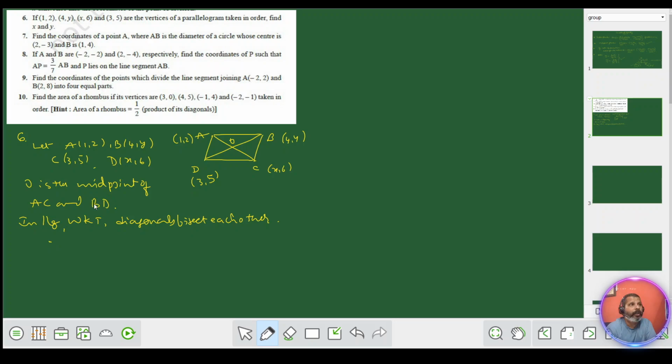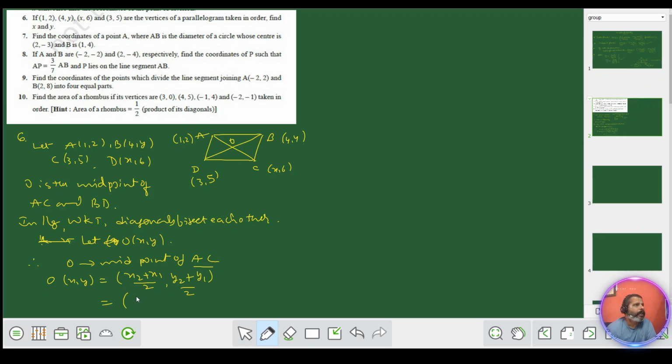Let O have the coordinates (x, y). Considering O the midpoint of AC, we'll apply the midpoint formula for AC: O(x, y) equals ((x1 + x2)/2, (y1 + y2)/2). When applying for AC, A becomes (x1, y1) and C becomes (x2, y2).